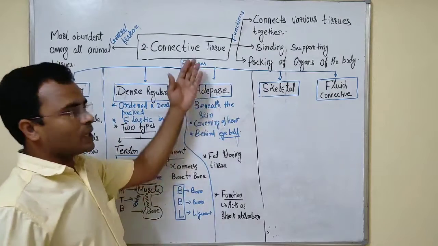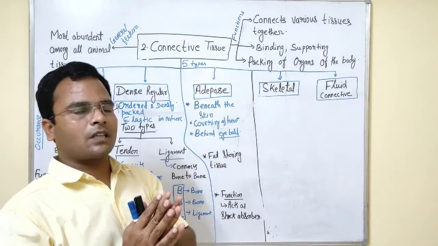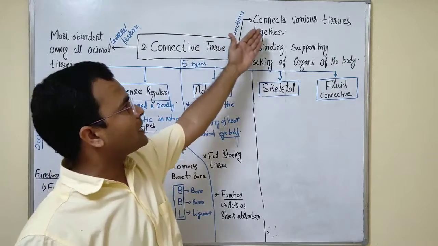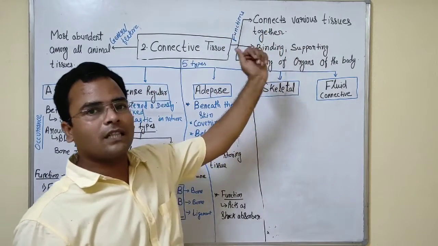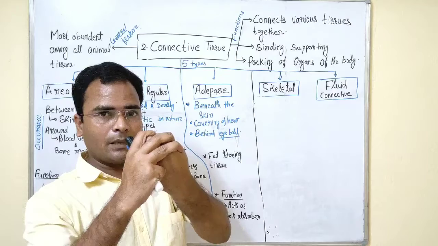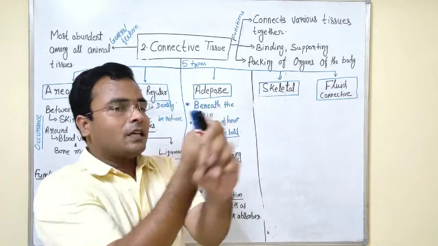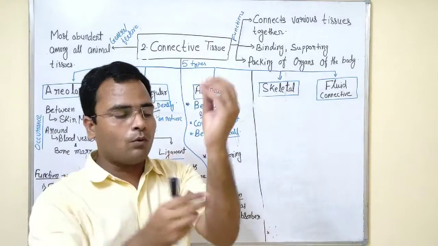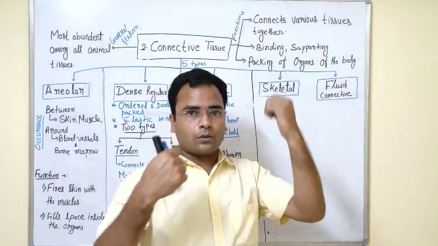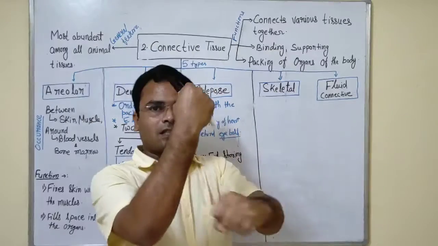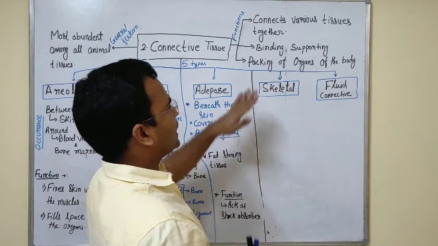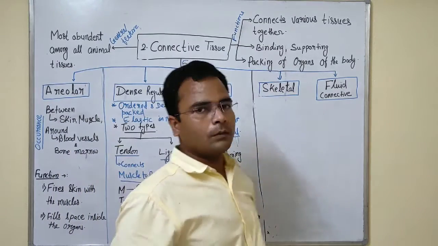Now coming to its function, a general function I am talking about. The connective tissue, it's clear from the name, will connect the various tissues together. How? They will help in the binding of different materials, different parts, like bones and muscles, which are bound together. They also provide support, they provide the skeletal system, and they help in the packing of the organs of the body.